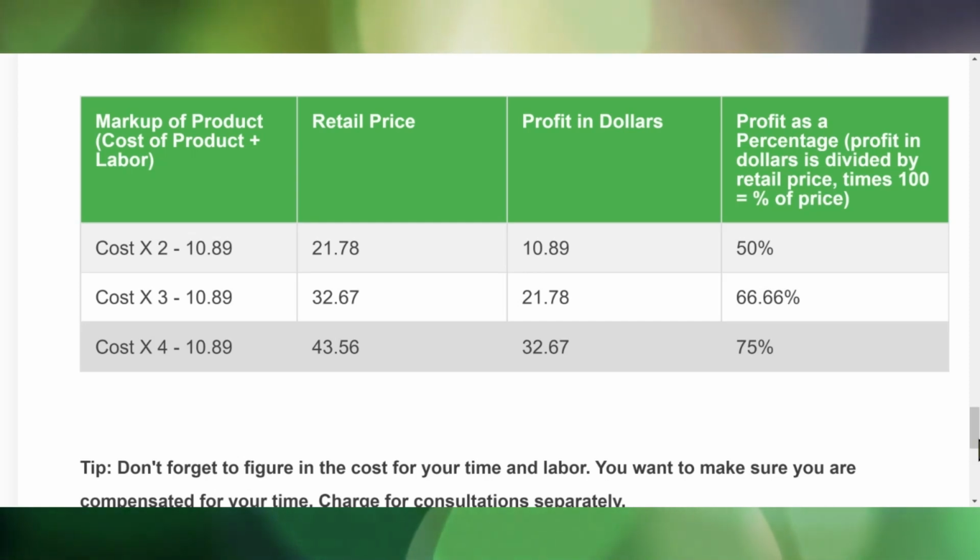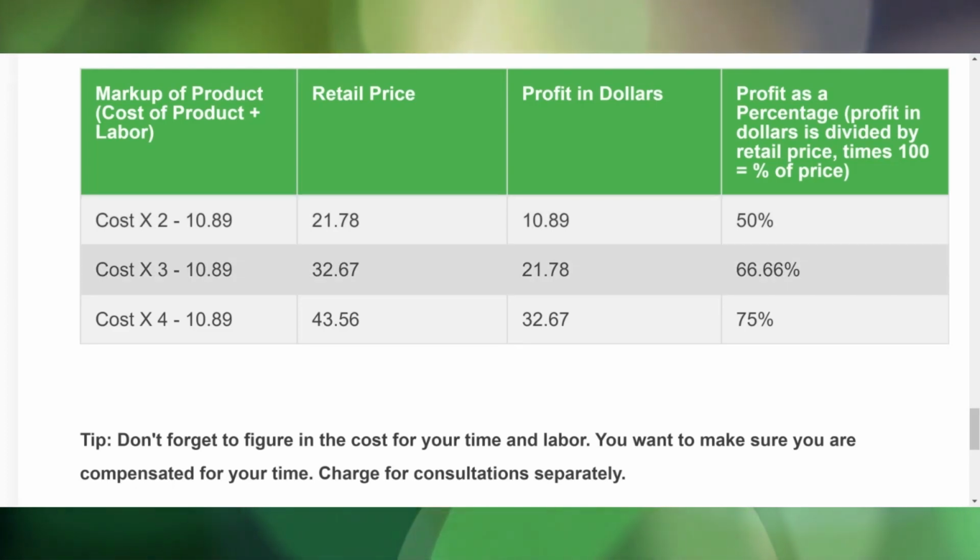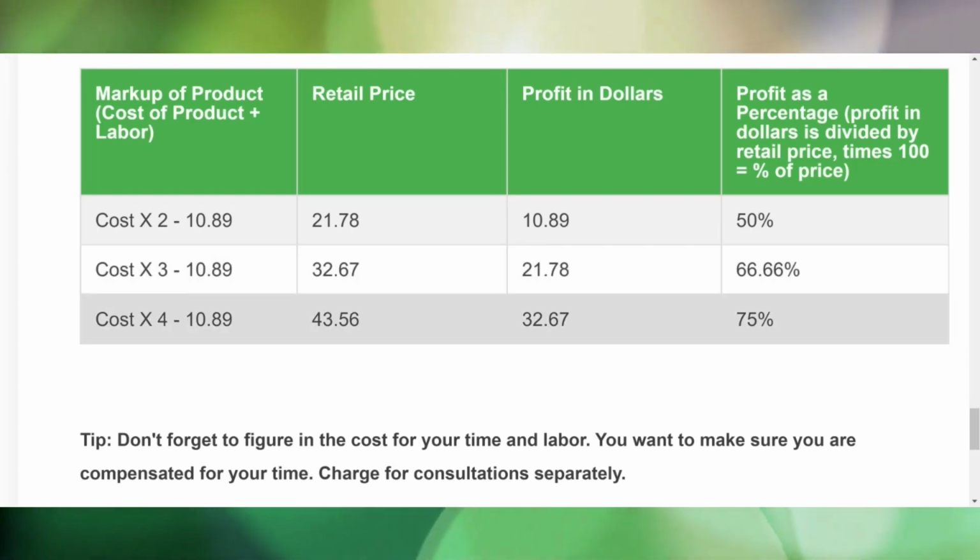So this markup of price is the cost of the product plus the labor, and then we multiply it by 2, and we have $21.78. Now that would be the price of this product. If we look at what's the profit here, we're going to make $10.89, and this gives us a 50% percentage, if you want to look at it that way, as a percentage of markup in the retail.